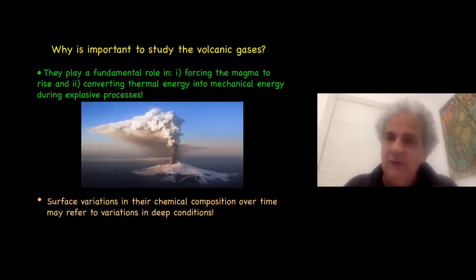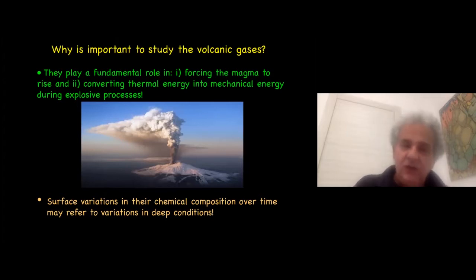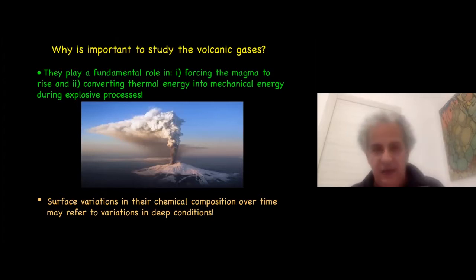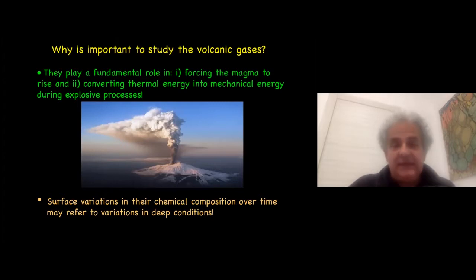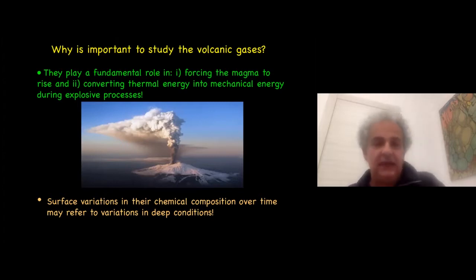Why do we study volcanic gases? Because they play a fundamental role in forcing the magma to rise, and moreover, they convert thermal energy into mechanical energy. This means that the higher the gas content in a certain magma, the more dangerous the eruption could be.